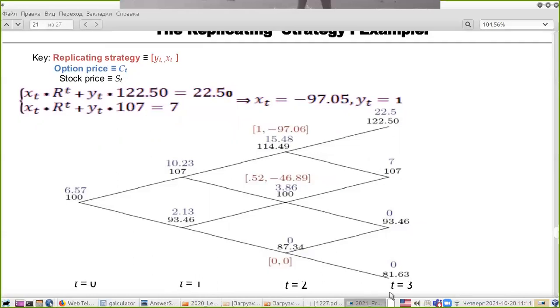So for time equals 3, we know the payoff function, and we would like to find xt and yt.